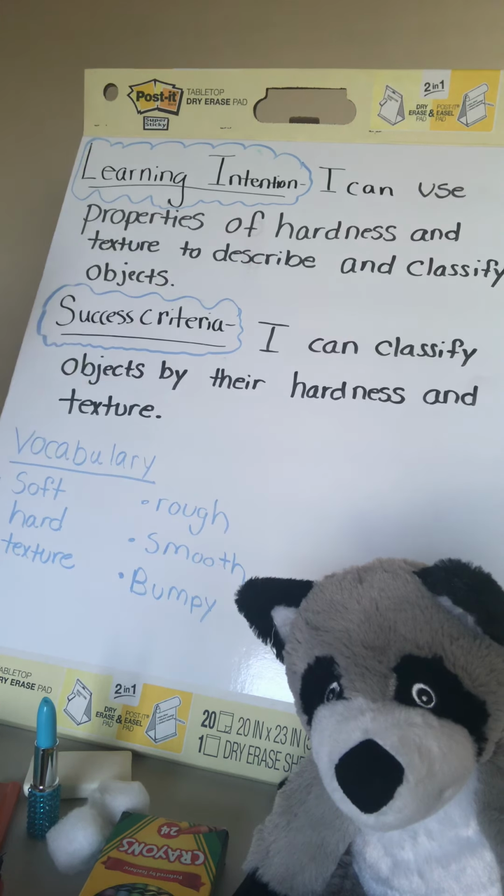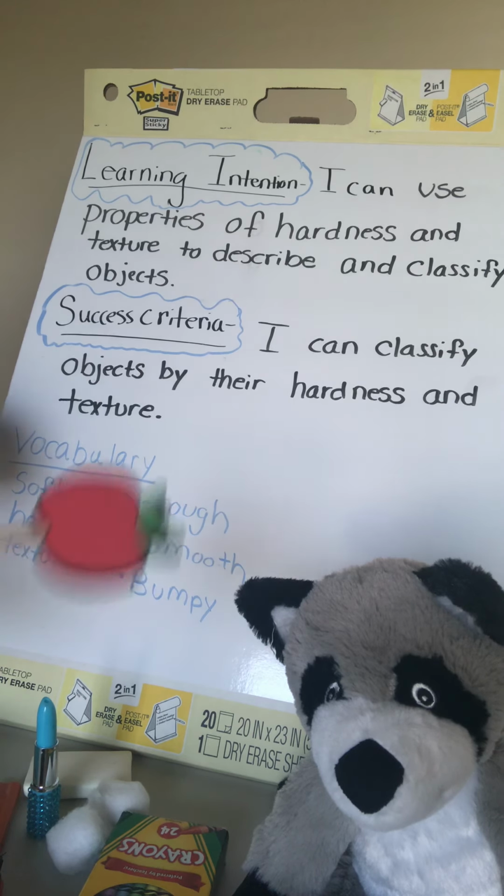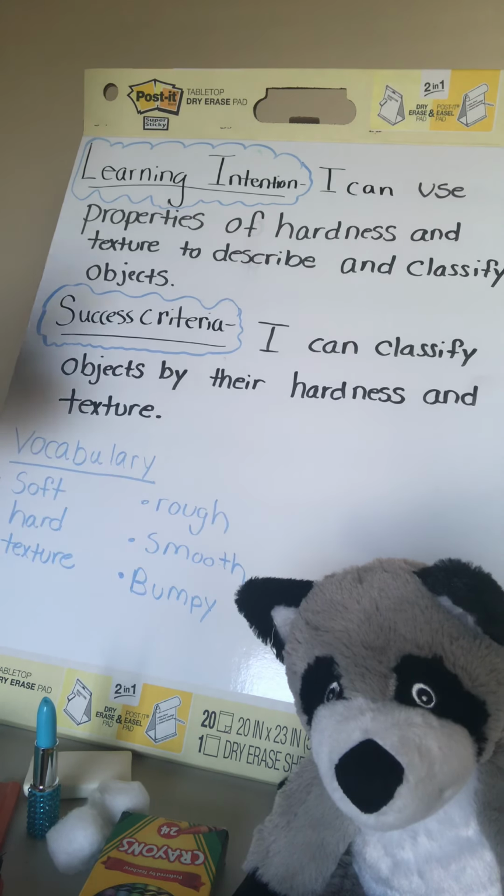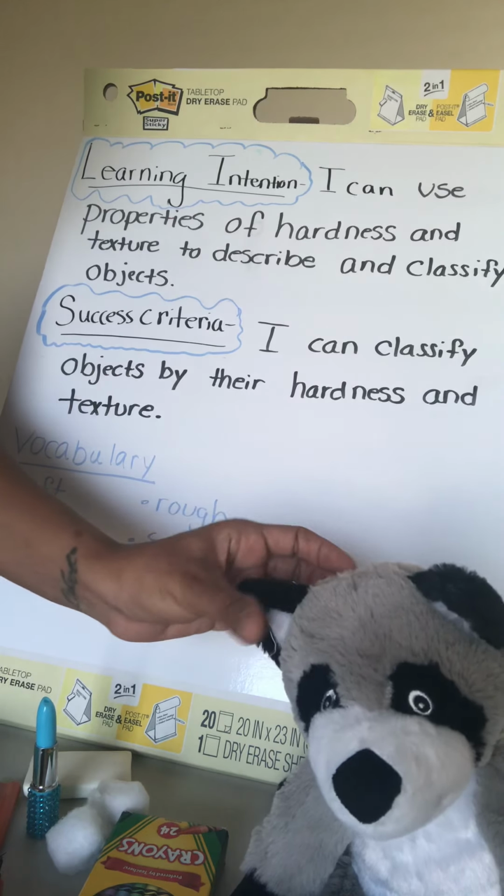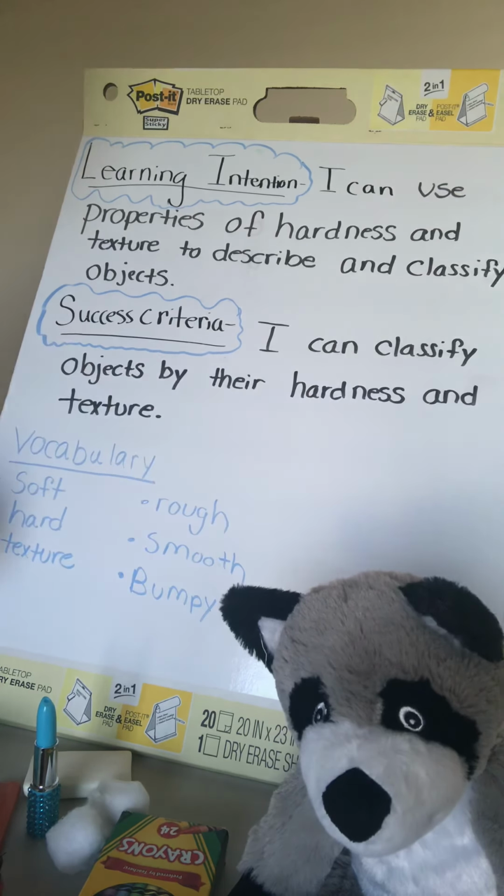There's another sense that you use when you're classifying objects by its texture. I'm going to give you some wait time so you can think about that. Yes, we're using touch. Touch to classify.